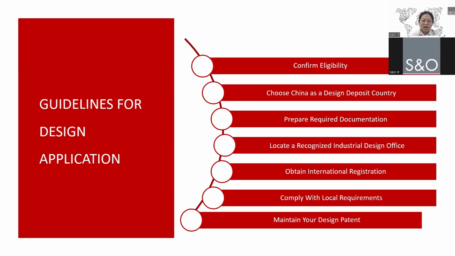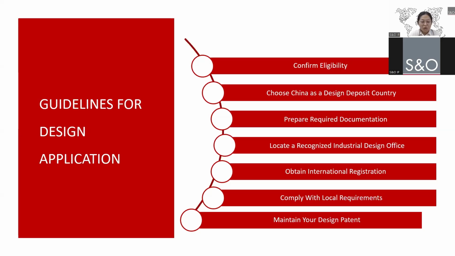Then, choose China as a design deposit country. When submitting your industrial design applications through the Hague system, select China as one of the countries where you wish to deposit your design. This action will extend the protection offered by the system to China.